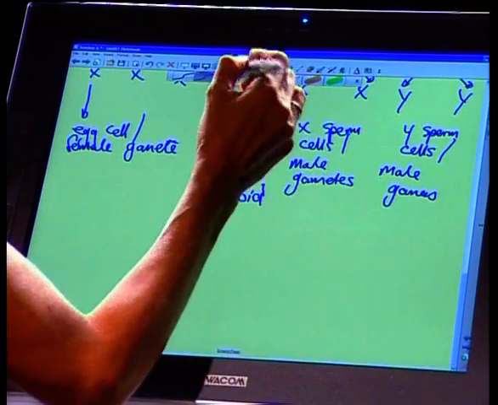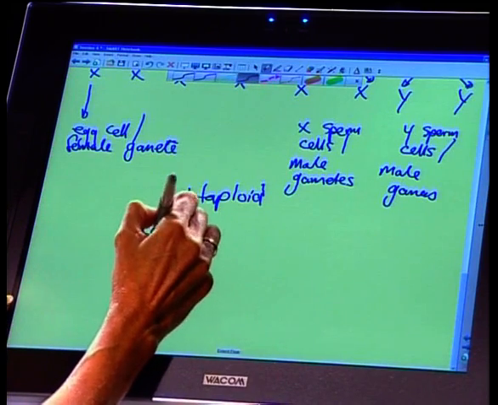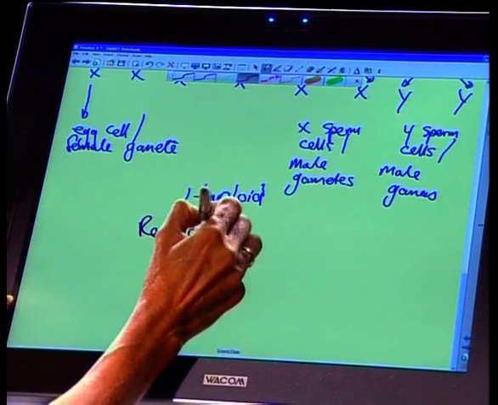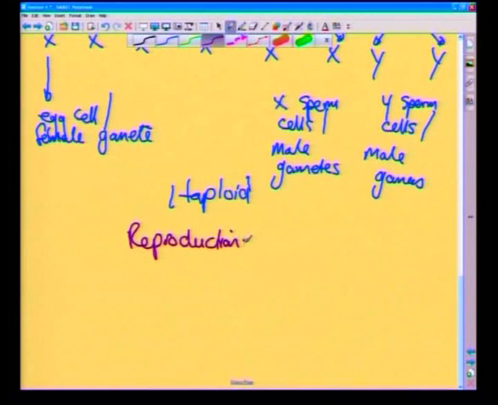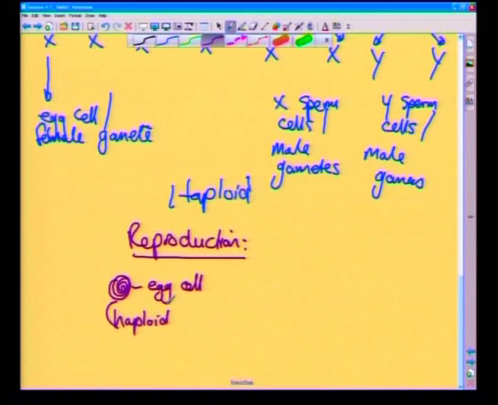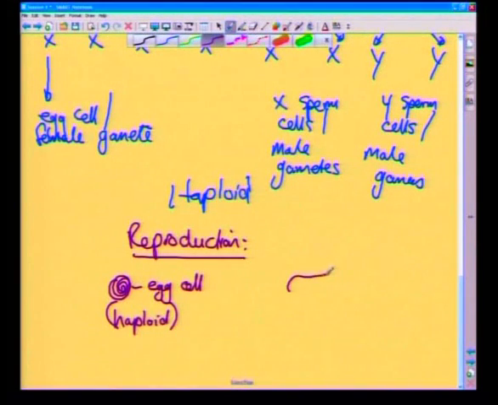So when I take this whole process and say, okay, we want reproduction to take place, we are now going to take a haploid egg cell, and it is haploid. In other words, it contains half the chromosomal number of the female. And during reproduction, we have our little sperm cell or our male gamete.